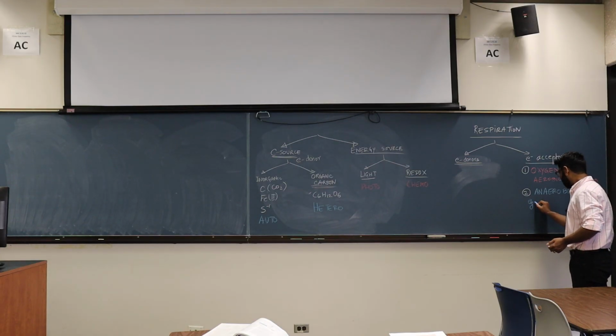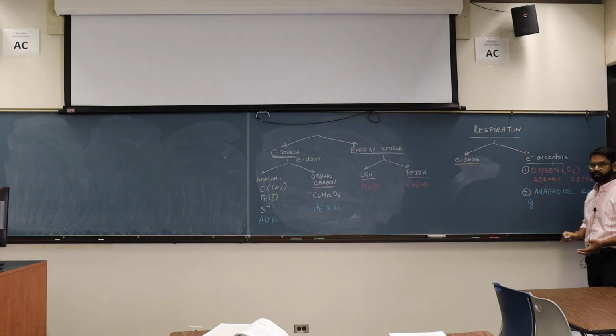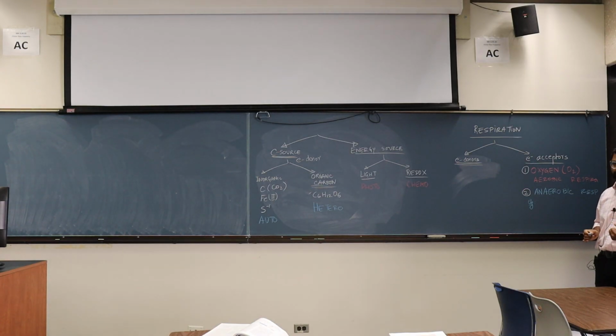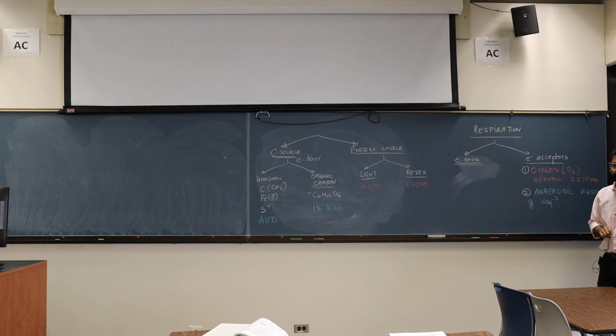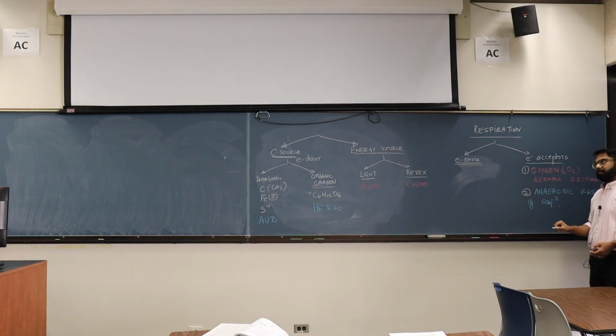Examples could be, what can accept your electrons? Sulfate can accept electrons. What else? Water is already reduced. Oxygen is accepting the electron, and we'll see that, and getting reduced to water.